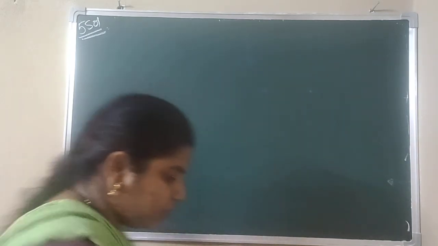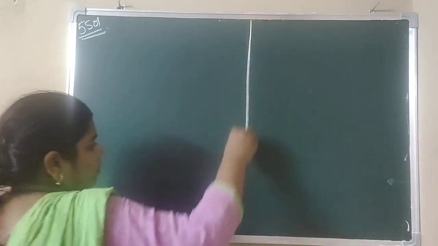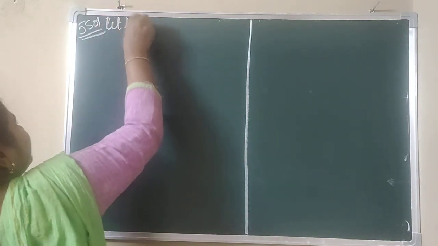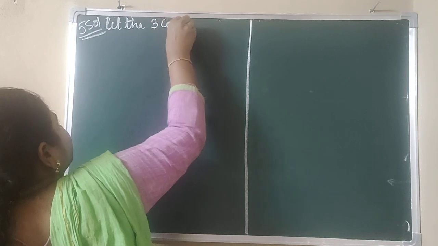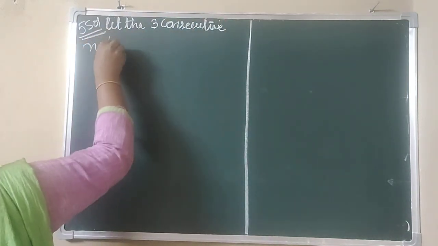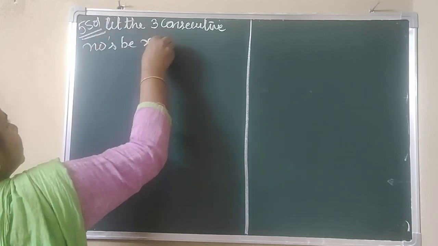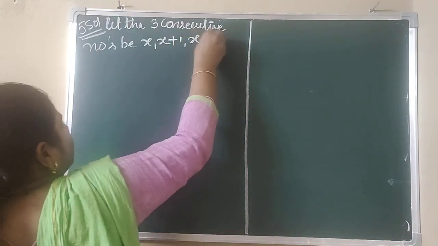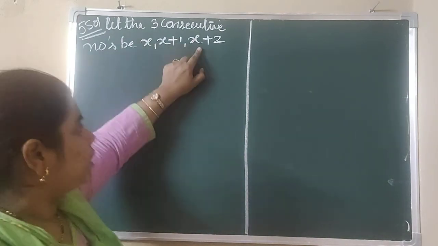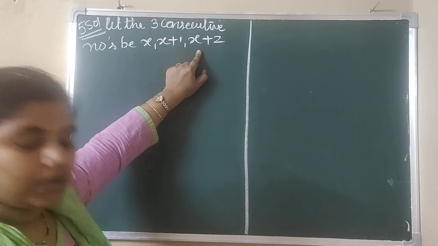So here, let the three consecutive numbers be x, x plus 1, x plus 2. By the problem they told to divide these three consecutive numbers with 10, 17 and 26.